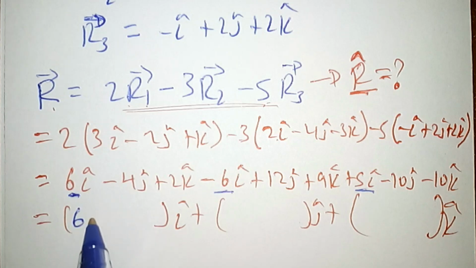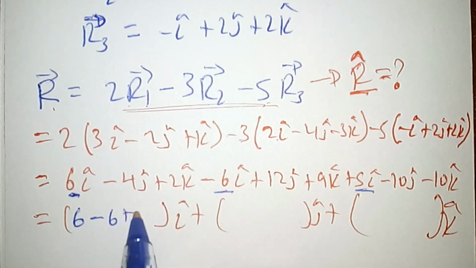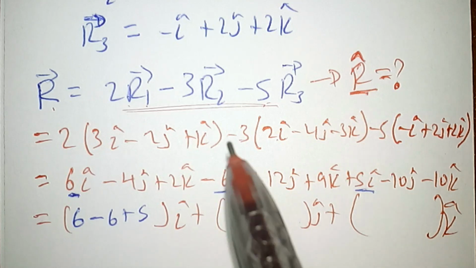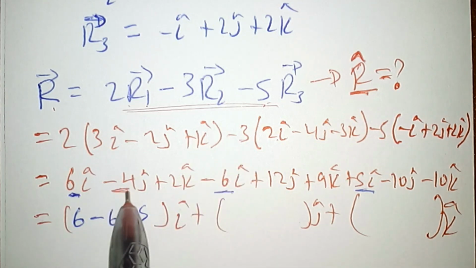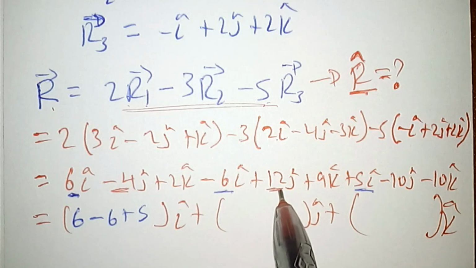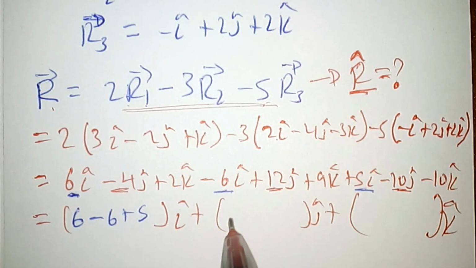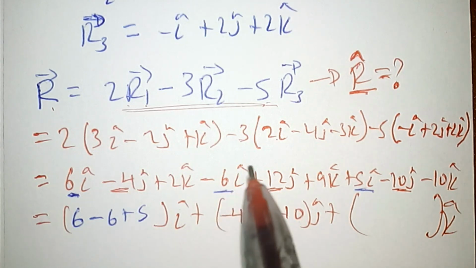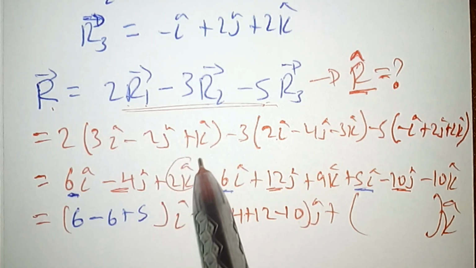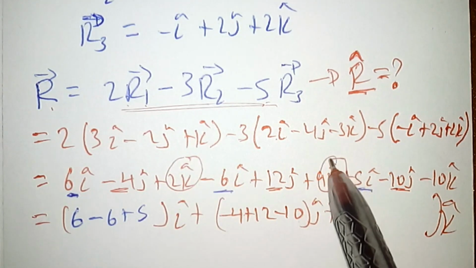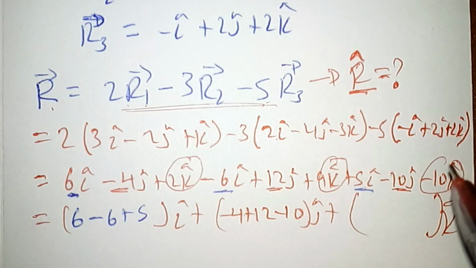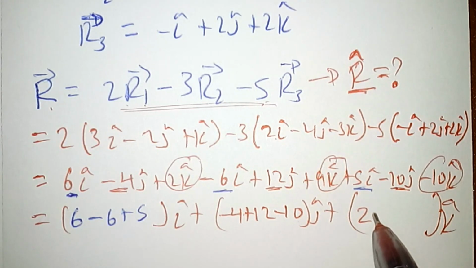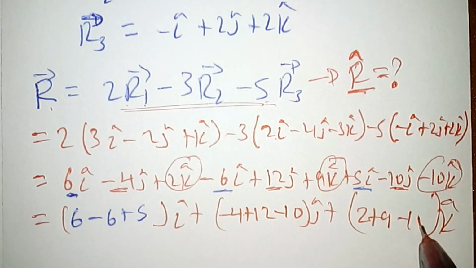So 6 minus 6 plus 5, and the j component is minus 4 plus 12 minus 10, and the k terms are 2 plus 9 minus 10.